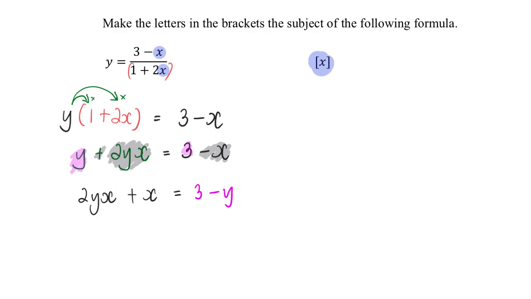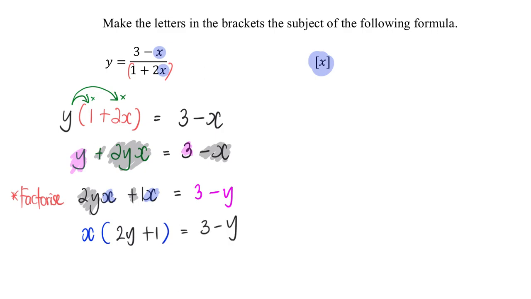And finally, at this stage, do factorize out the common factor x. And I'm left with 2y plus what number? Yes, 1x, right? 2y plus 1. Okay? This is still equals to 3 minus y.